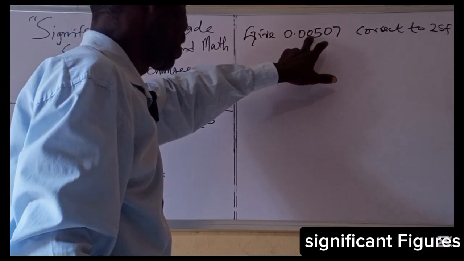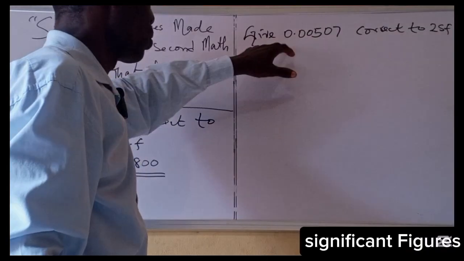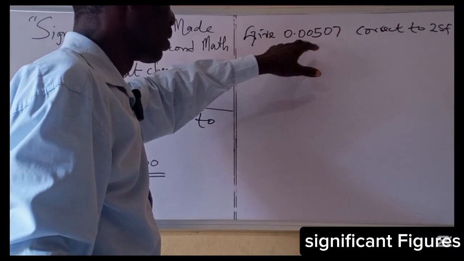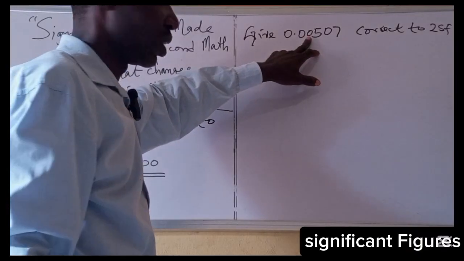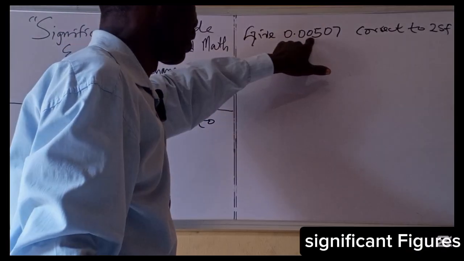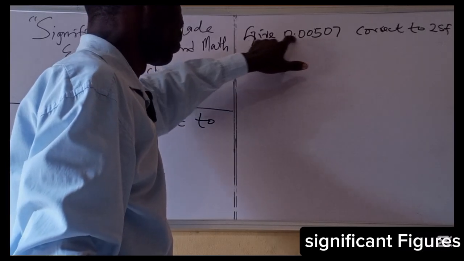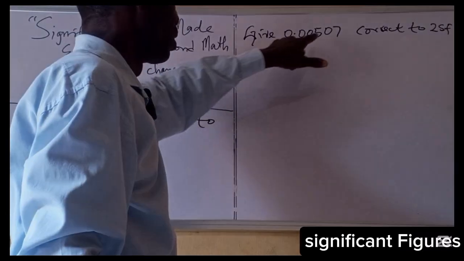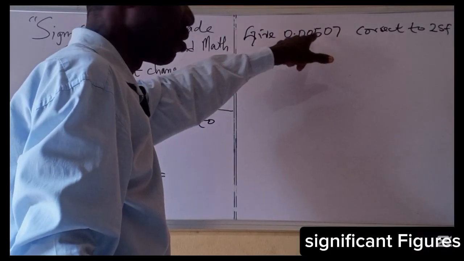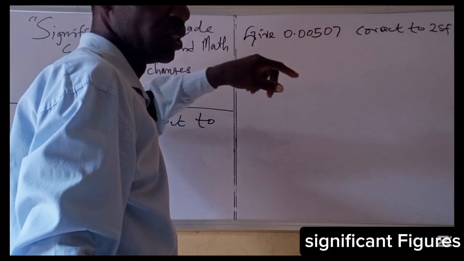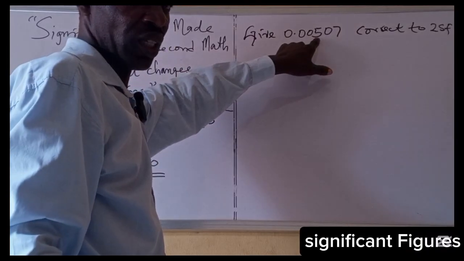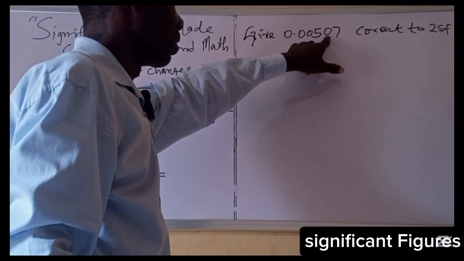So this zero implies that there are no units, no tenths, no hundredths. So all these are not significant. Our first significant figure starts from the non-zero digit, which is 5.